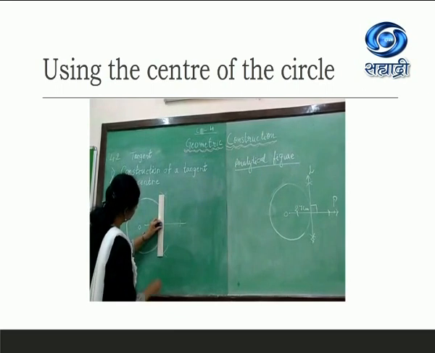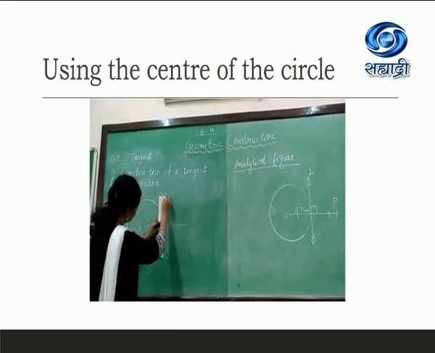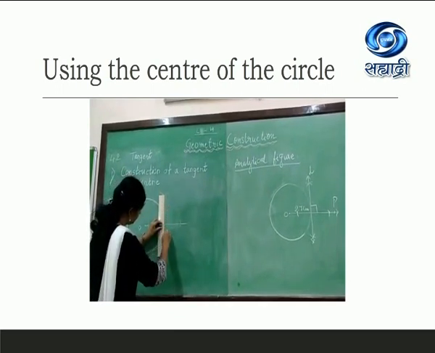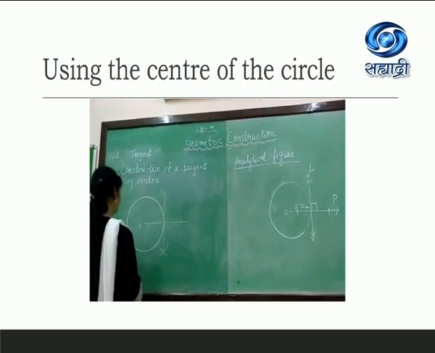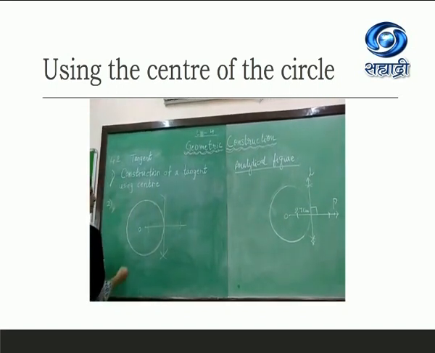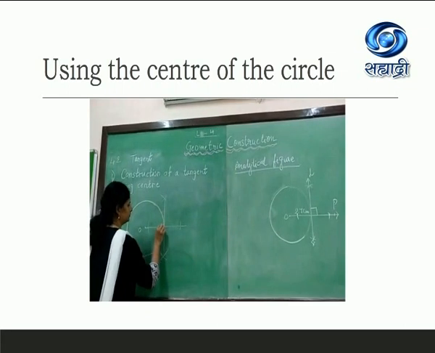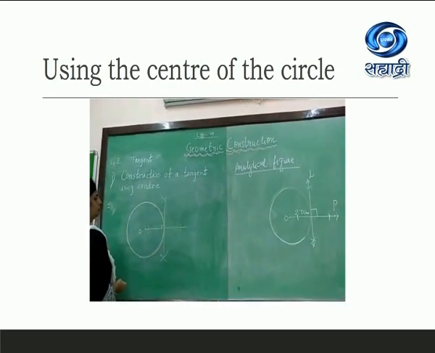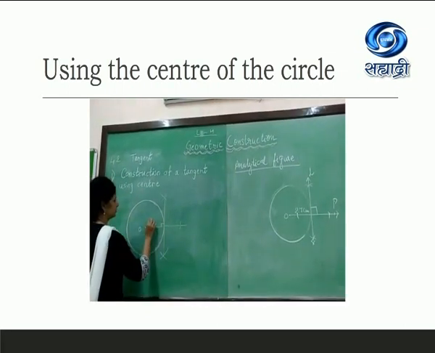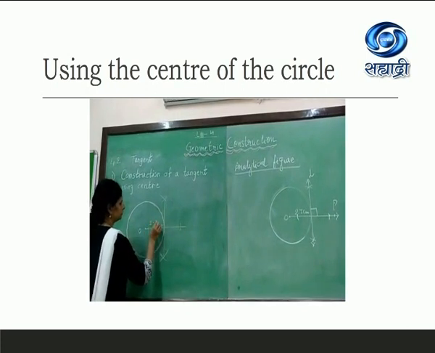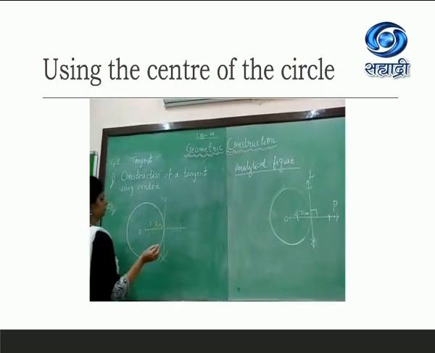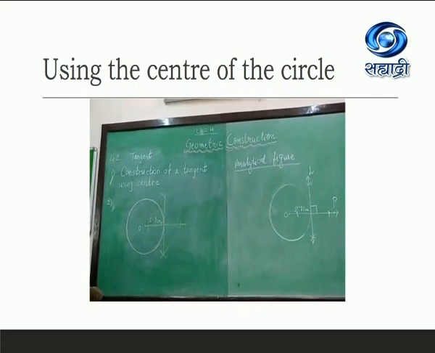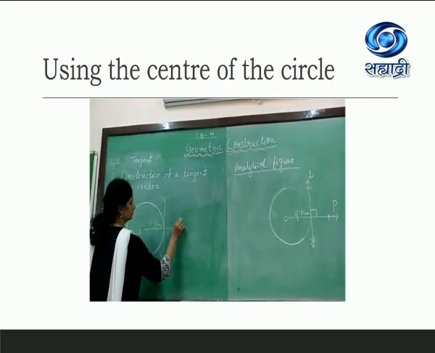Join those, and that line will be a perpendicular of that particular segment, and that perpendicular is a tangent making a right angle with the radius of the circle. Just observe it properly. I hope you must have understood it.